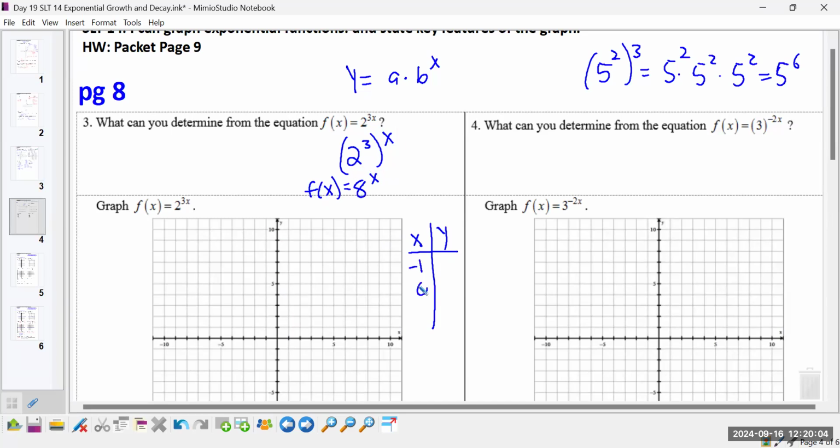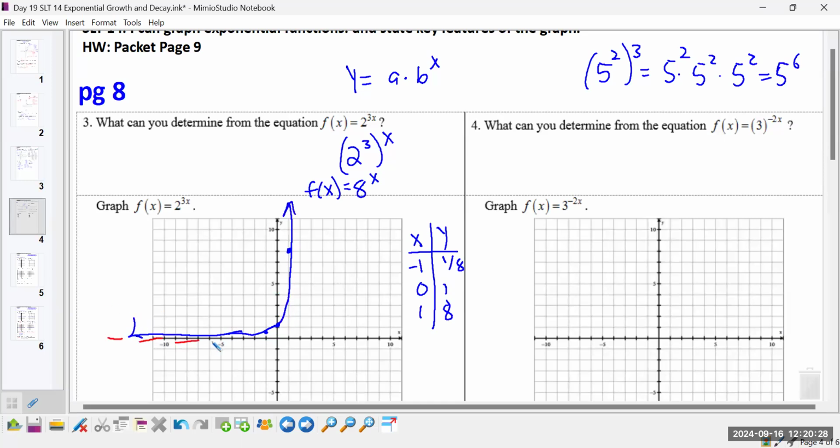I'm just going to do 3 points here because I don't think I'm going to fit more than that. This is going to be 1/8, 1 and 8. Got a nice growth function here.